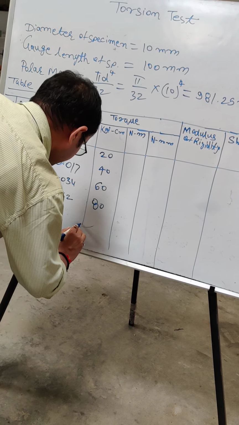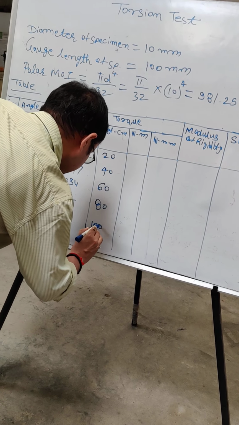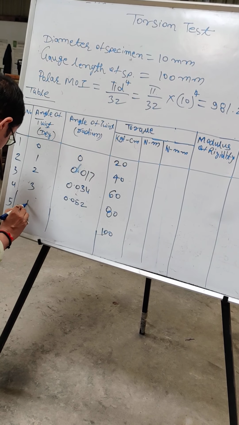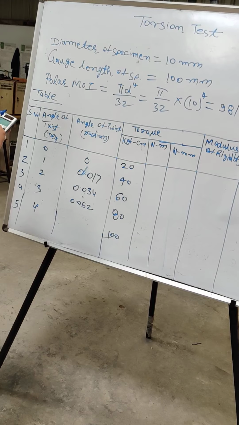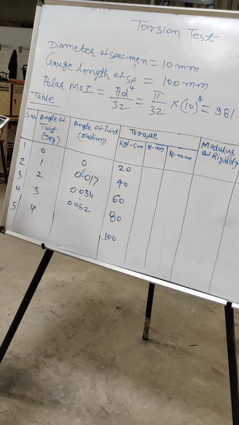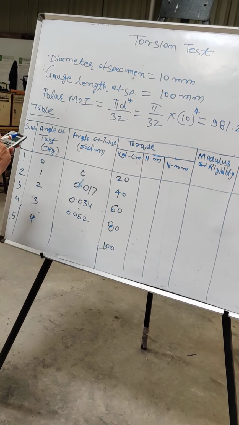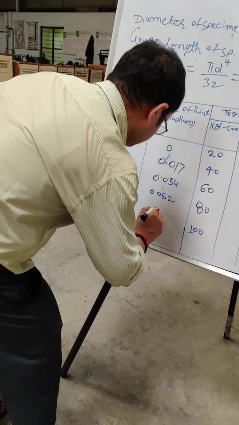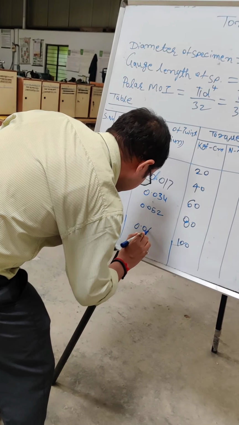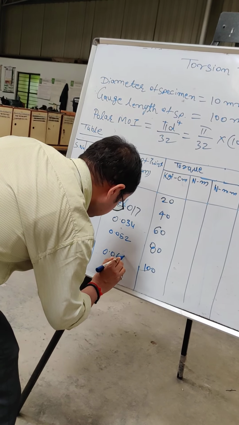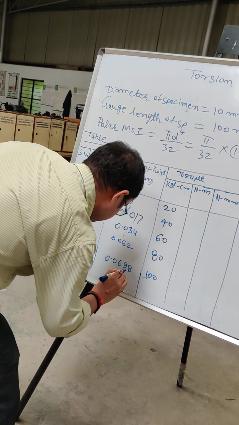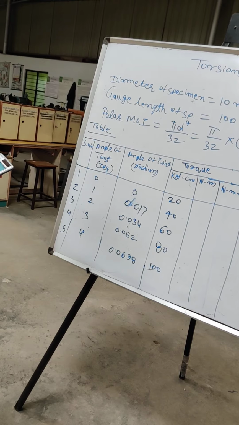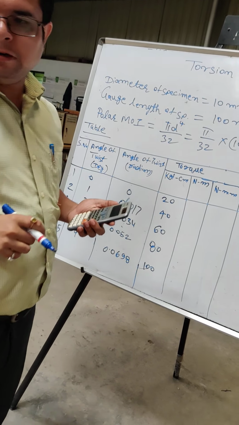Last reading is 100 and angle is 4 degree, so that is 0.0698 radian. So this is all about radian.